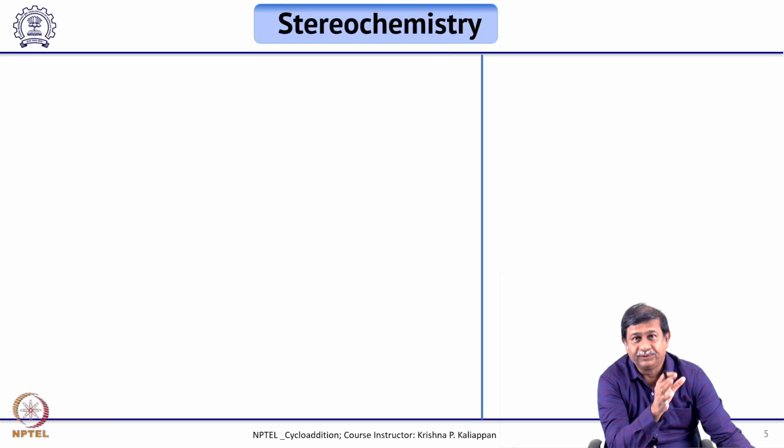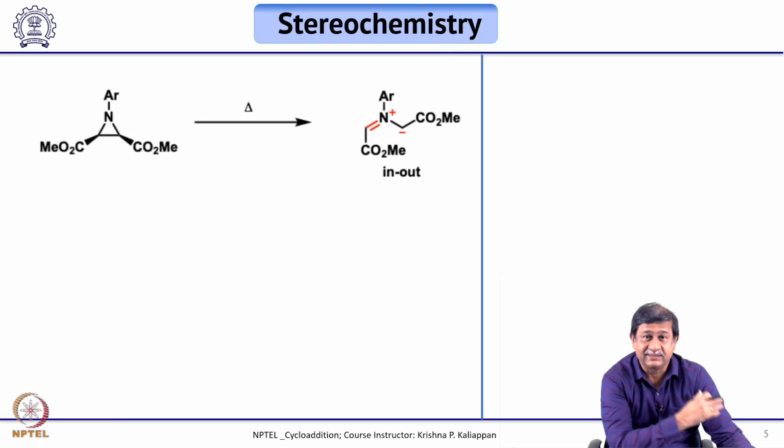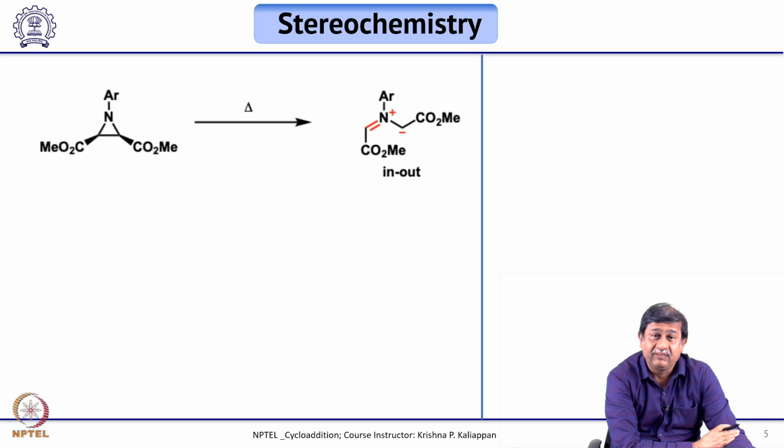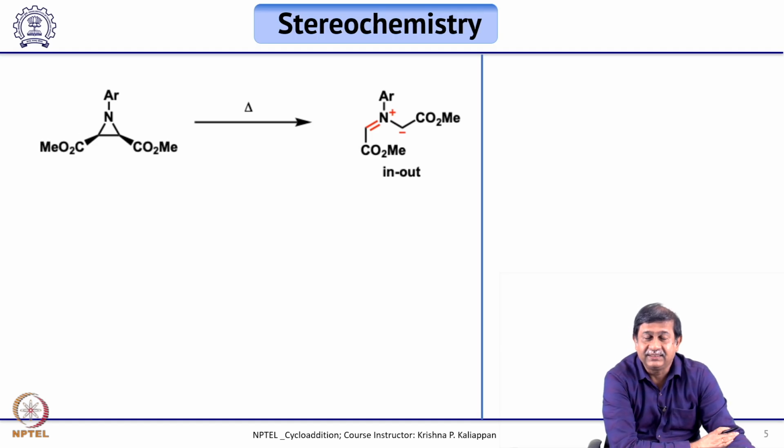Once you know how to prepare azomethine ylide and do the 1,3-dipolar cycloaddition reaction, what will be the stereochemical outcome? Like what we have discussed earlier for 1,3-dipolar cycloaddition, it depends on the stereochemistry of your dipole as well as the stereochemistry of the dipolarophile.